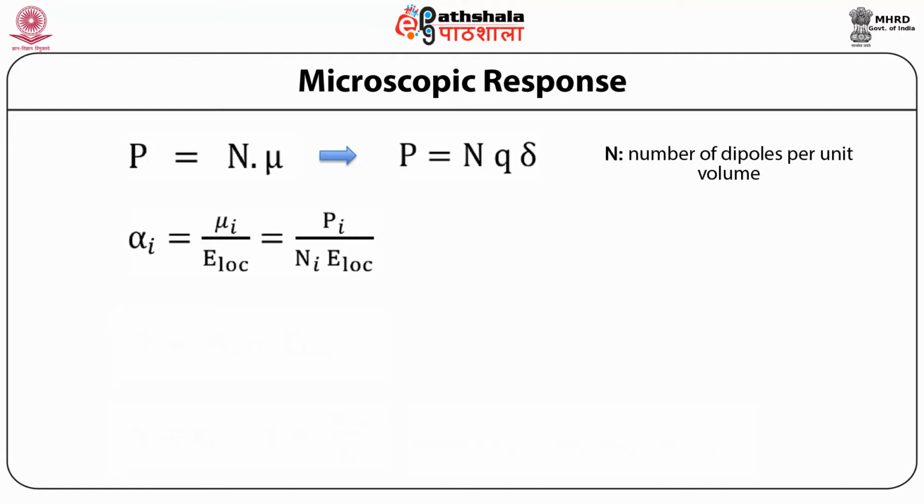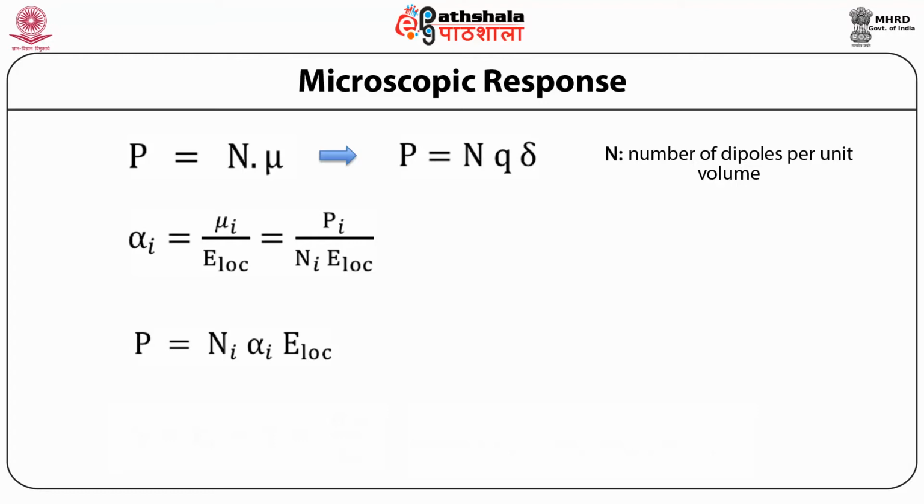The magnitude of the local field can be modified quite significantly by the polarization of the surrounding medium. As a result, P can be expressed as P equal to N i alpha i E local. Note that this equation relates the macroscopic parameter P to the microscopic parameters N, alpha and E local.